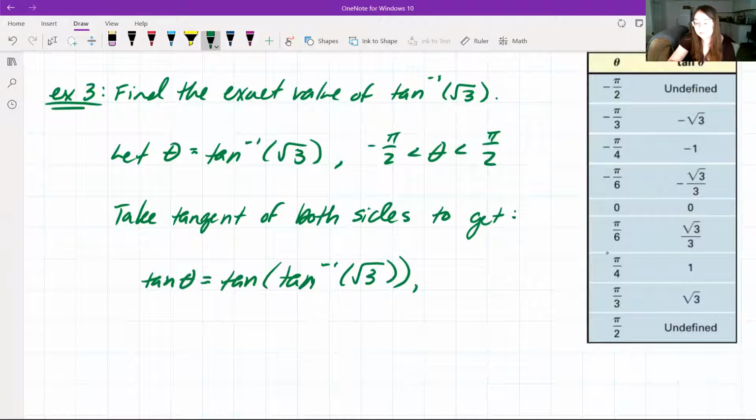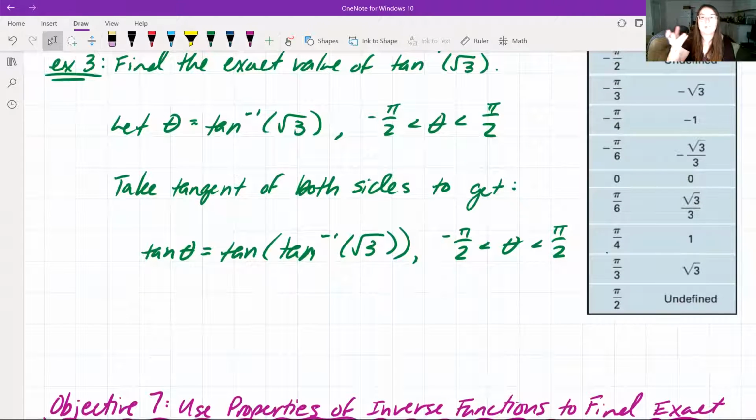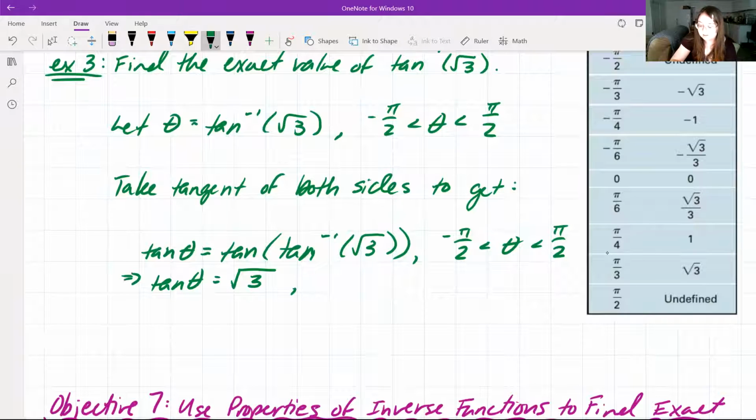So now we have this function still on the same domain of negative pi over 2 less than theta less than pi over 2. And using our identity from before, we know that this is going to be equal to tangent of theta is equal to the square root of 3 for negative pi over 2 less than theta less than pi over 2.